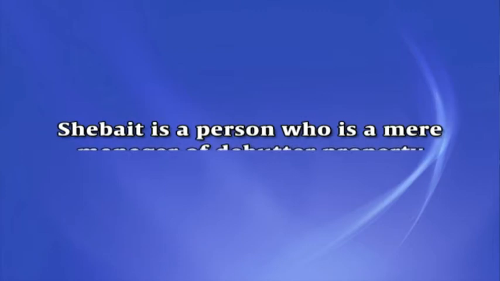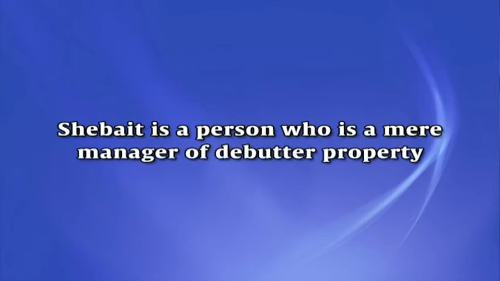Now let's discuss the position of Shebait. A Shebait is a person who is a mere manager of the debottar property. In a broad sense, he is like a manager. Regarding the endowed properties, he is more like a trustee as regards his functions and duties towards the temple in a spiritual sense. He is a holder of an office of dignity.